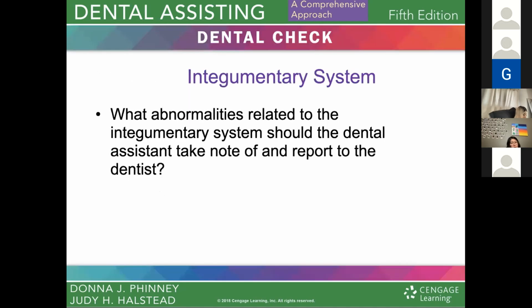All right, what abnormalities related to the integumentary system should the dental assistant take note of and report to the dentist?